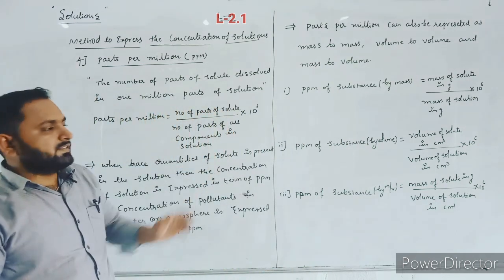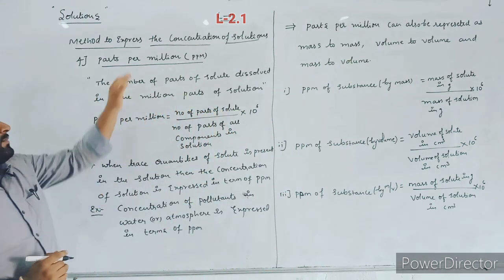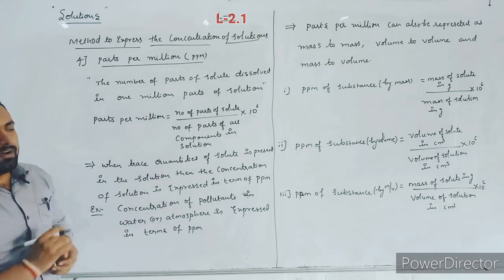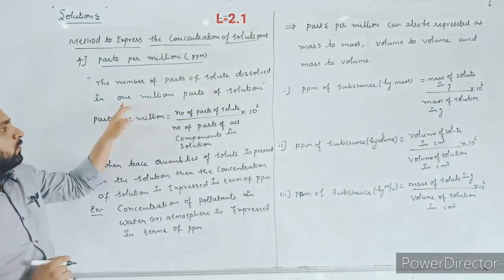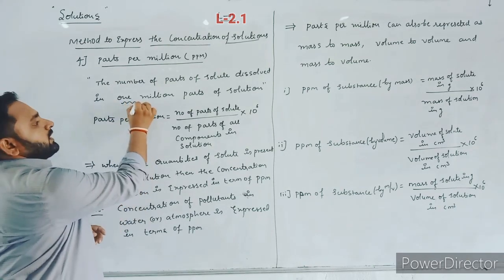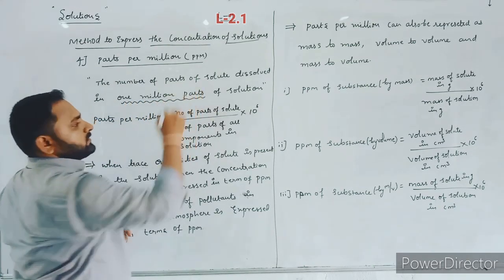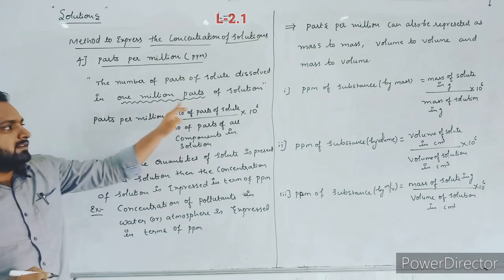Okay, by using these formulas we can easily calculate the parts per million. What is parts per million? The number of parts of solute dissolved in 1 million parts of solution. Here the total solution is considered to be 1 million parts.